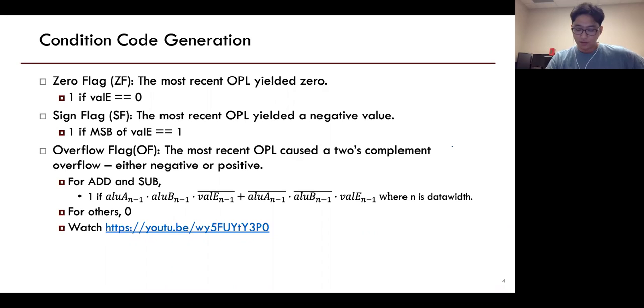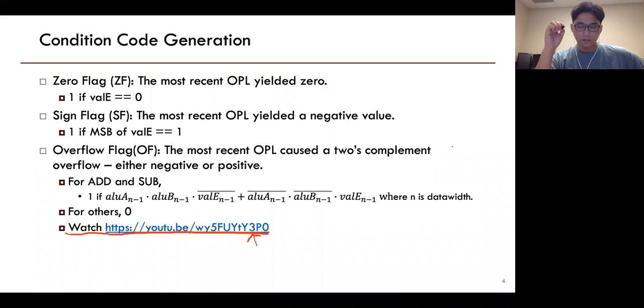Then what is two's complement overflow? I'm not going to cover the details of this concept, so you can go to this YouTube video and watch. I think this is a good tutorial video. But I already summarized for you how to implement the overflow detection logic.